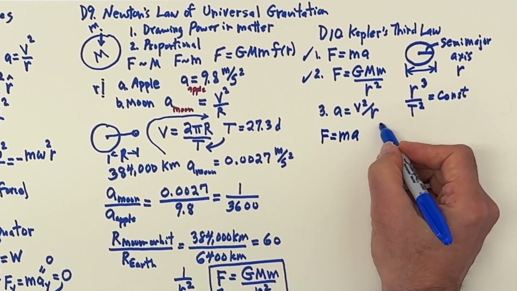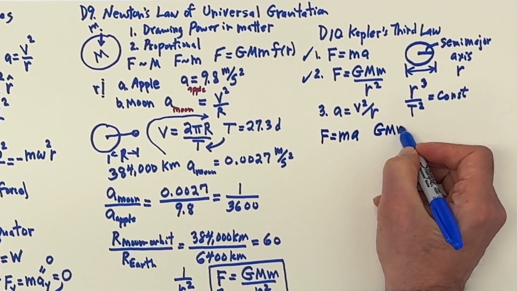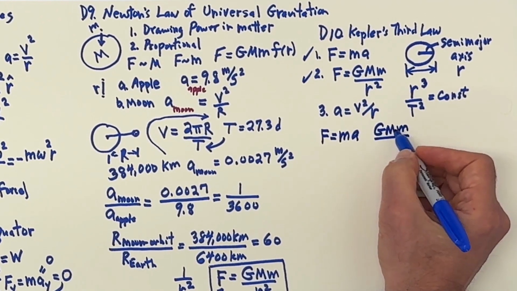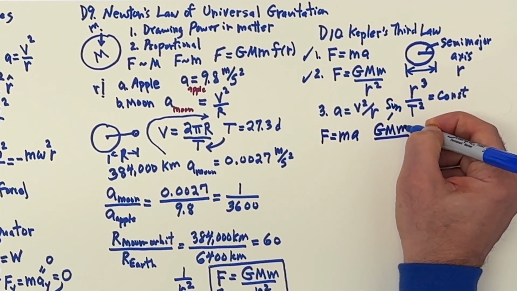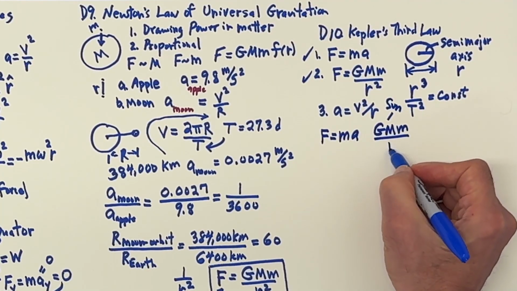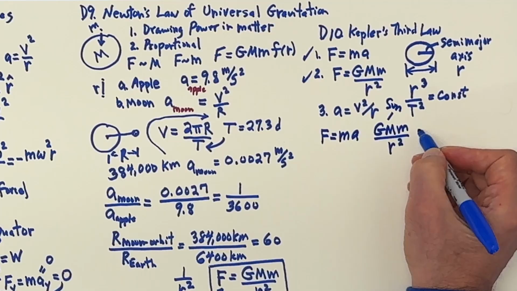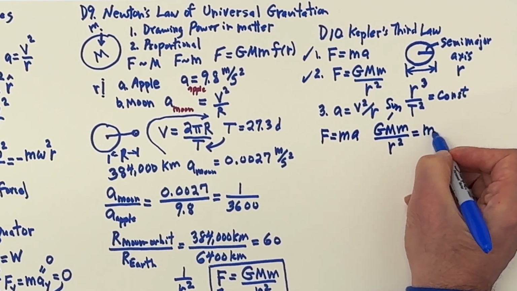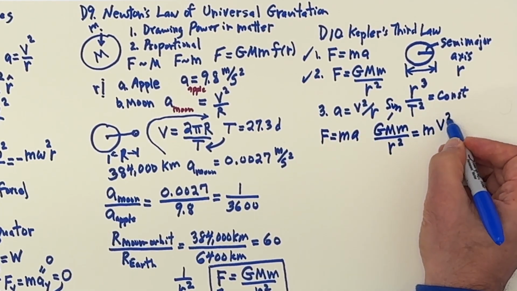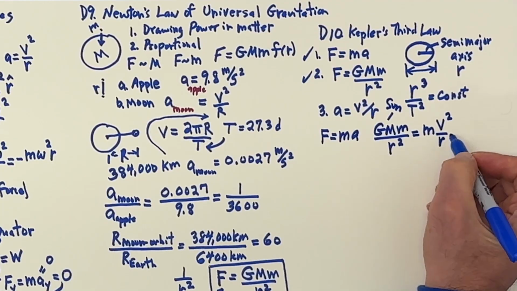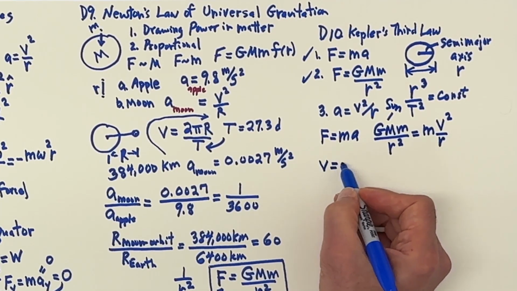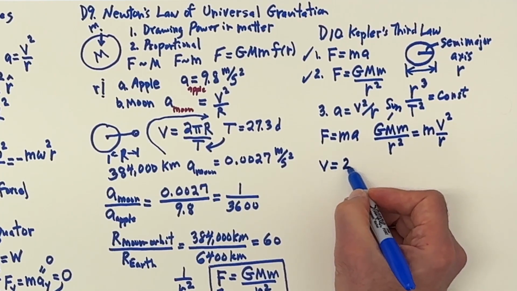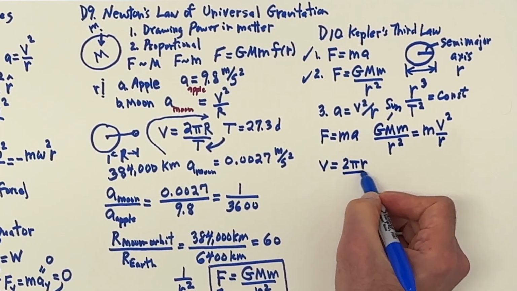The force is going to be G, big M, the mass of the sun, times little m, the mass of the planet, over r squared. And that's going to equal mass times acceleration, which is v squared over r. Now remember that when you go in a circular motion, the velocity is 2 pi r divided by the period.